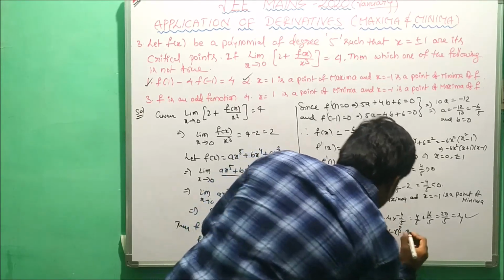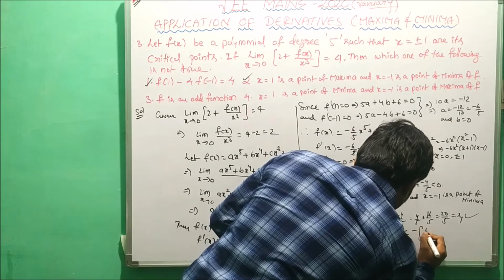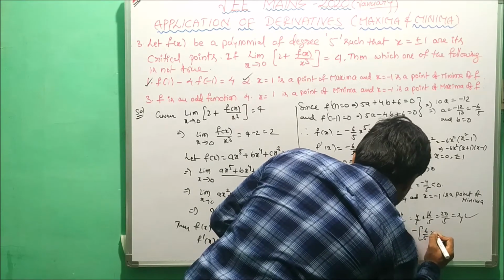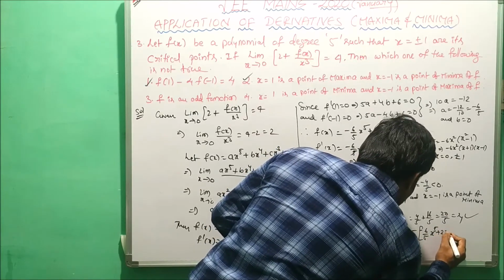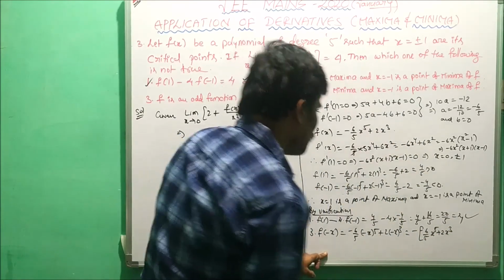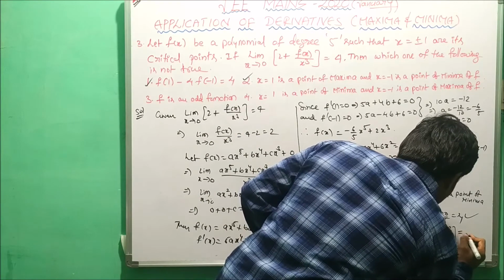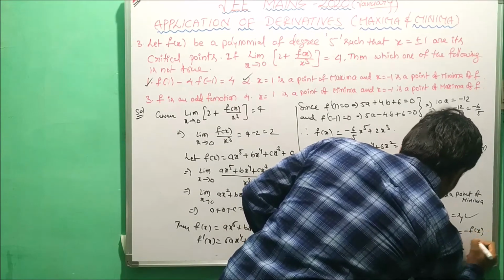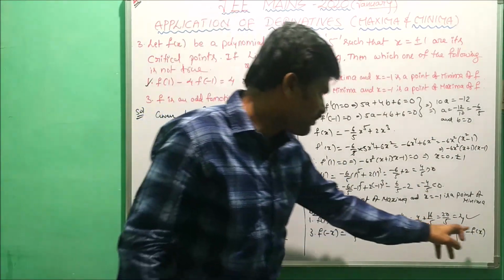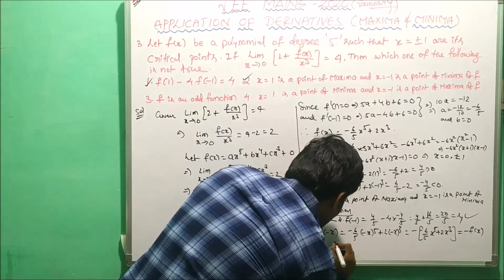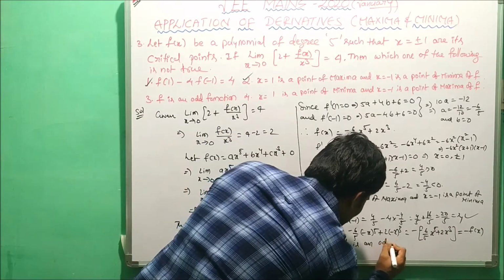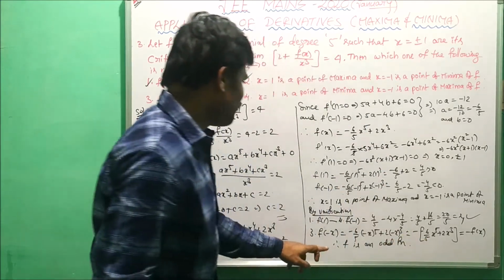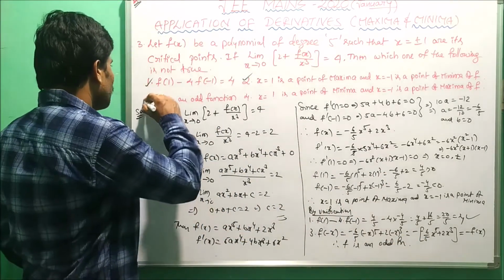In this we take common minus, that is 6 by 5 x power 5 plus 2x cube. So here we write minus of f of x. Now we observe f of minus x equals minus fx. That means f is an odd function. So third one is also the right option.